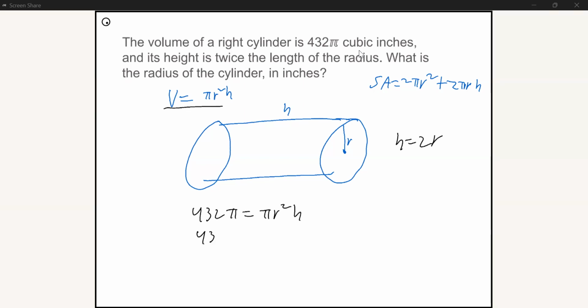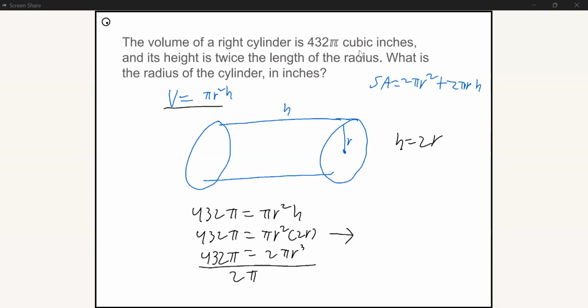So 432 pi equals pi r squared times 2r. So that equals 2 pi r cubed. So you have 432 pi. Then let's divide by 2 pi.